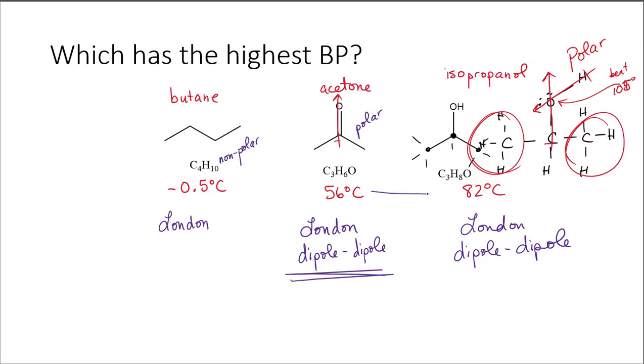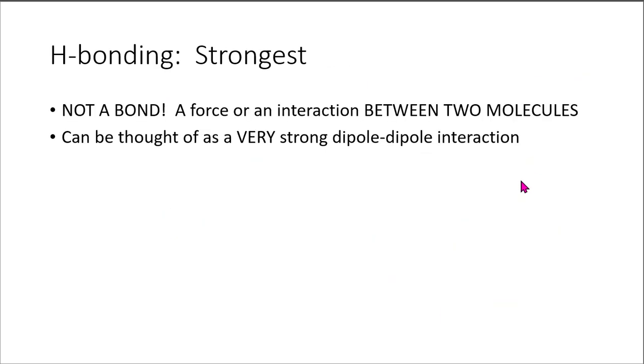But why does it have such a bigger boiling point? Because it also exhibits our third force, which is called hydrogen bonding. Now, this is where I get to rant that hydrogen bonding has the worst name known to mankind. I believe the biologists named it this, because there's no way a chemist would ever come up with this name.